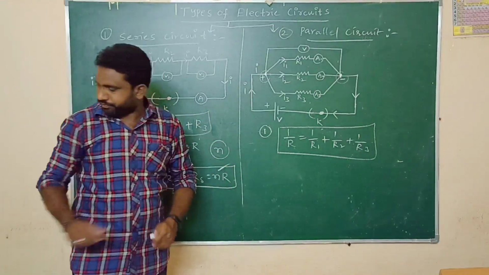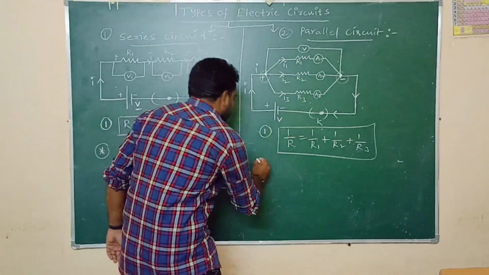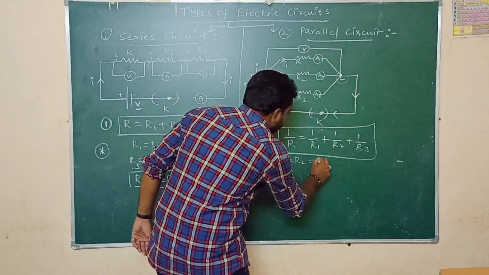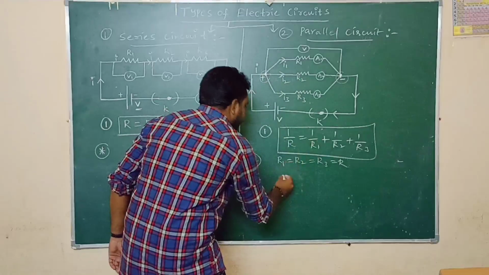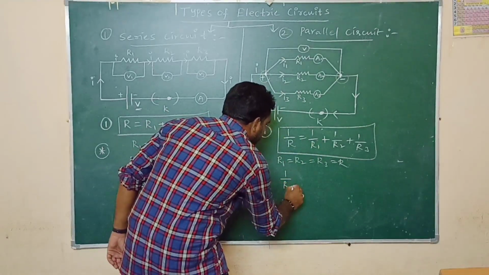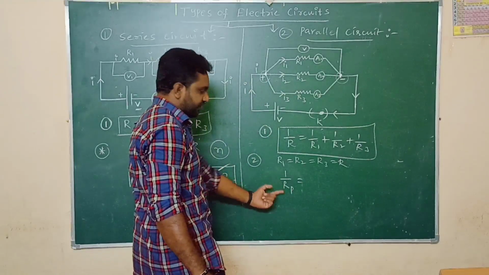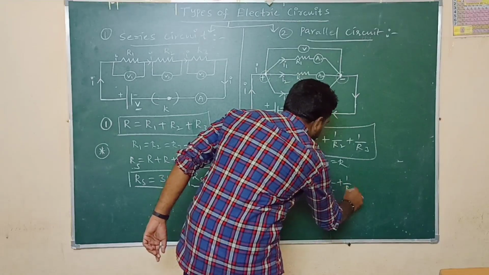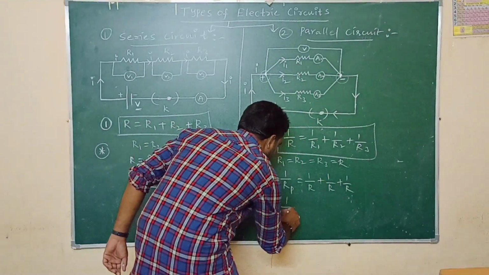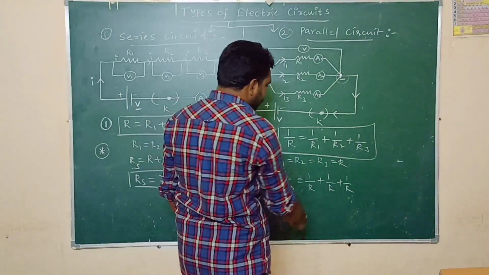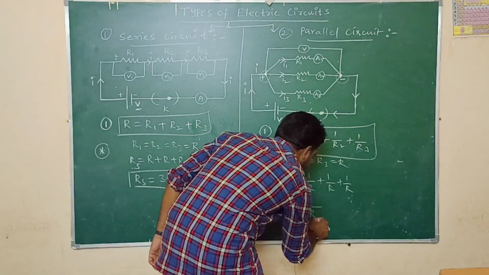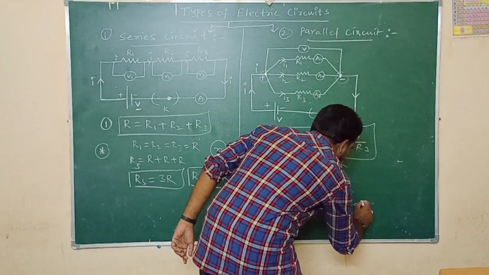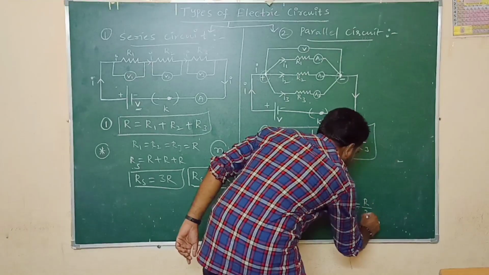So now here also, if they have the same resistance, that means R1 equals R2 equals R3 equals R, then we can substitute into the above equation: 1 by Rp, where Rp is the total resistance in parallel, equals 1 by R plus 1 by R plus 1 by R. So what is the equation here? 1 by Rp equals, if you take the LCM, R is common, 1 plus 1 plus 1, which is 3 by R. If you take the reciprocal, Rp equals R by 3.